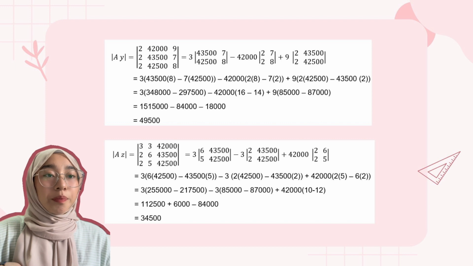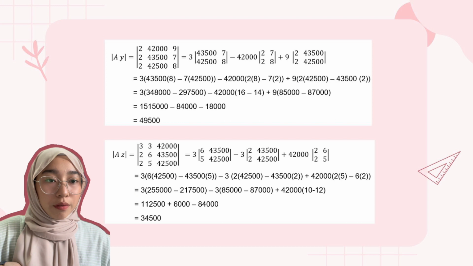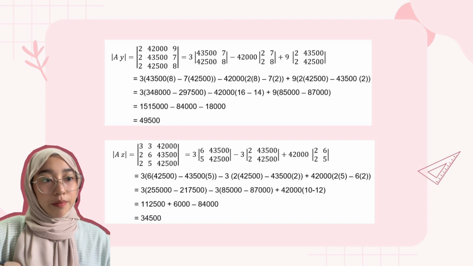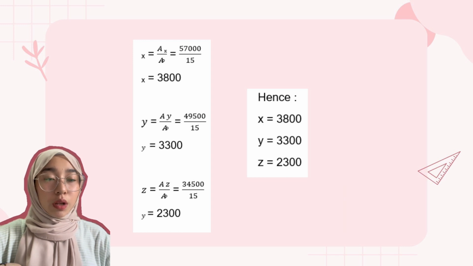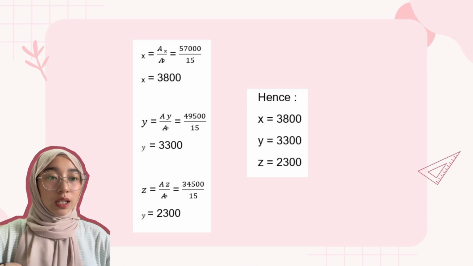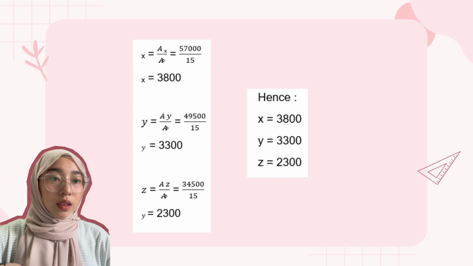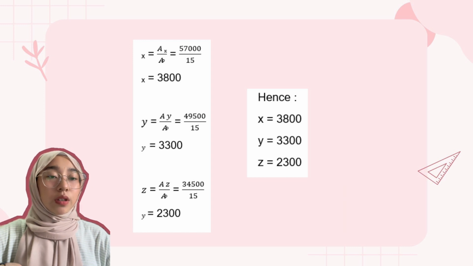As you can see, Ay we have 49,500, and then for the Az we have 34,500. So to find X, we use the formula of Ax divided by A, which equals 57,000 divided by 15. And then for the X we have 3,800.